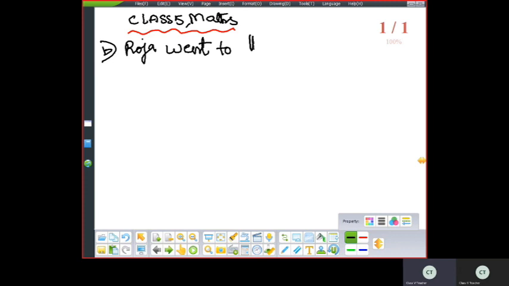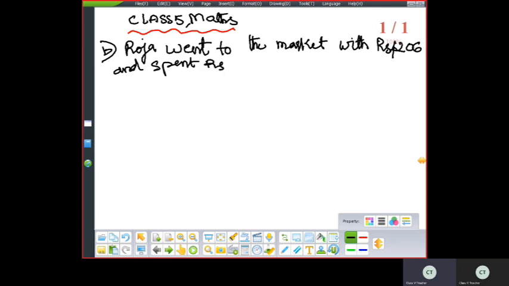Roja went to the market with rupees 4,206 and spent rupees 2,812. About how much money is left?